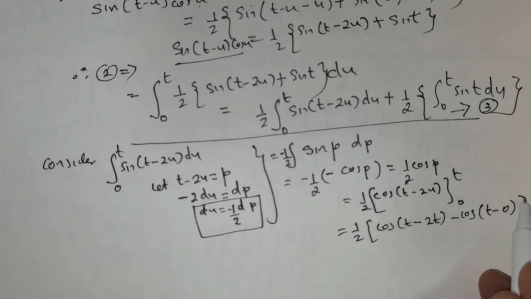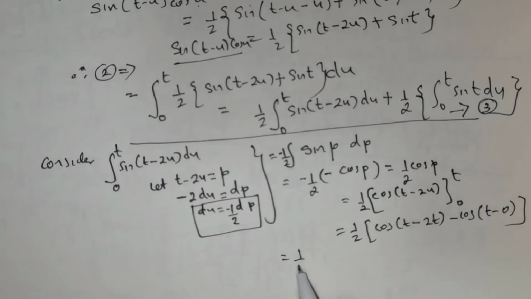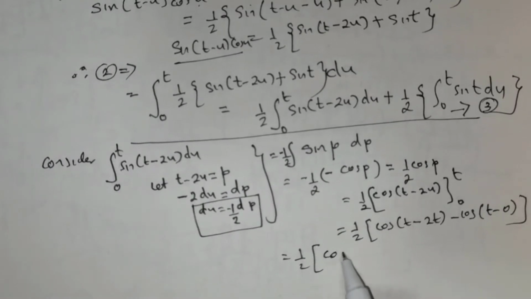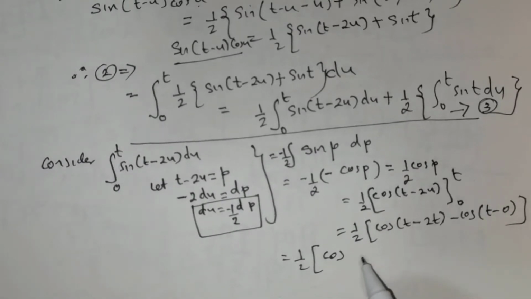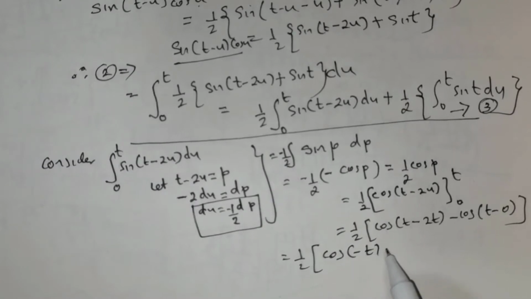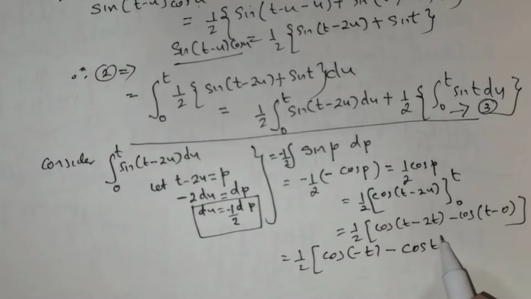So this is going to give you 1 over 2 times cos of t minus 2t, that's going to be negative t, and this is going to be negative cos of t. So this is what you have got.